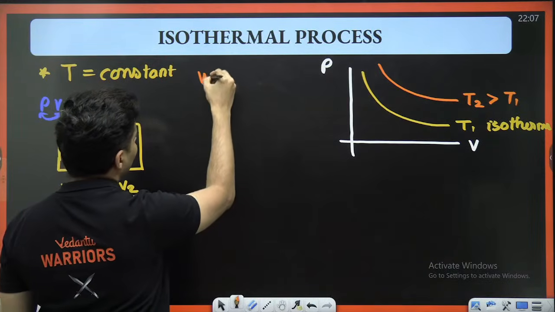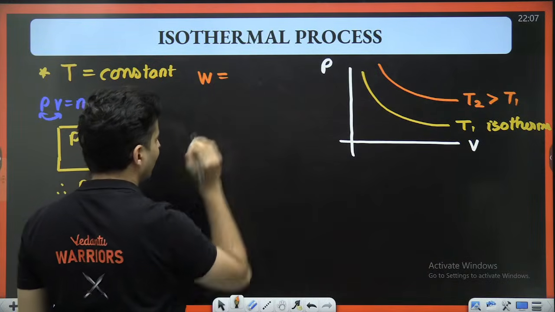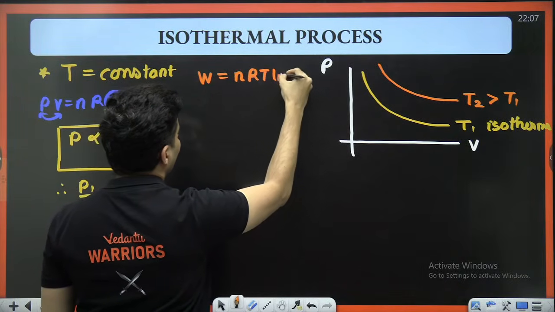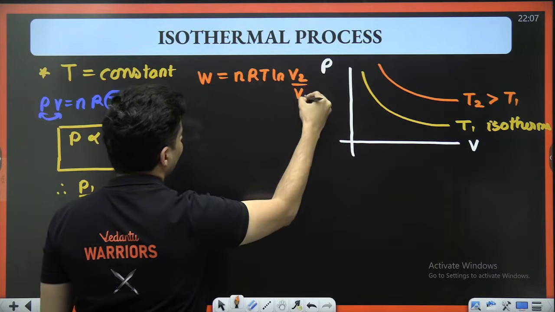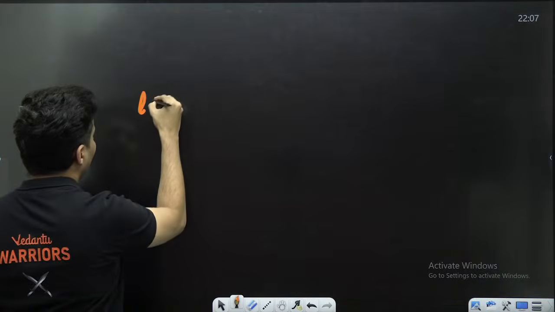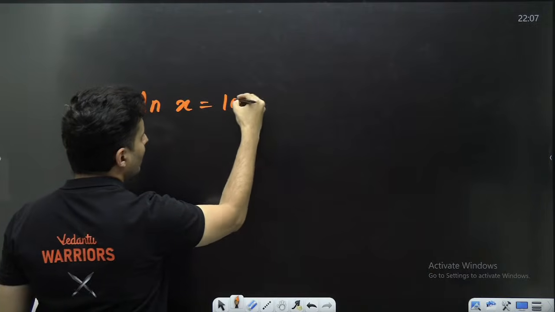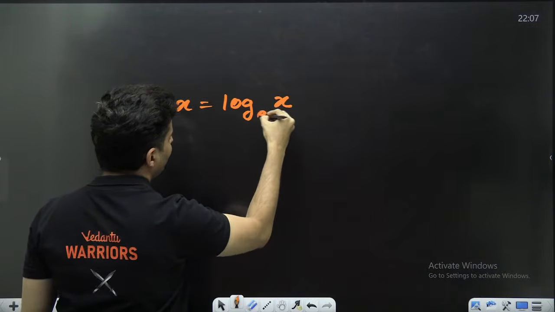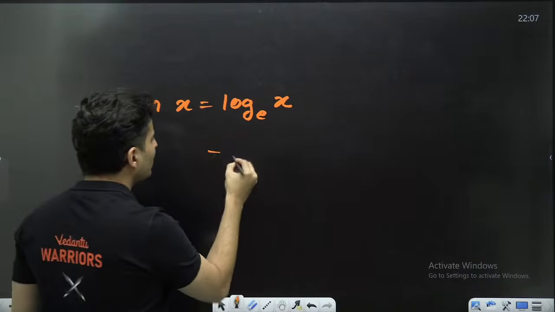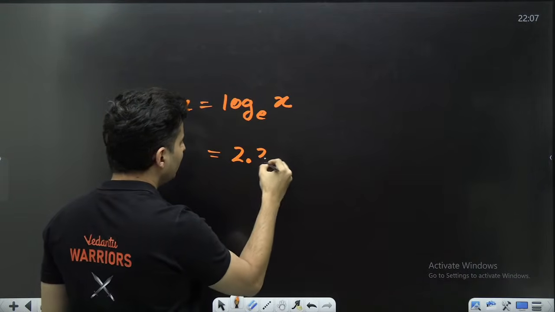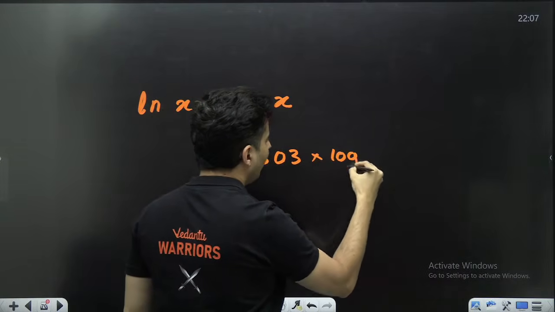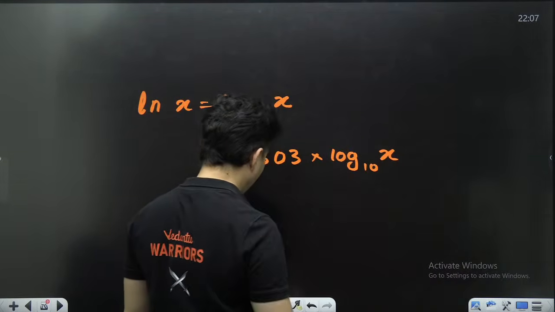Starting off with work, after integration, what you get is very important. You will get it as nRT ln V2 by V1. What is the meaning of ln, my dear warriors? Ln x is nothing but log of x to the base e, which is also 2.303 into log of x to the base 10.